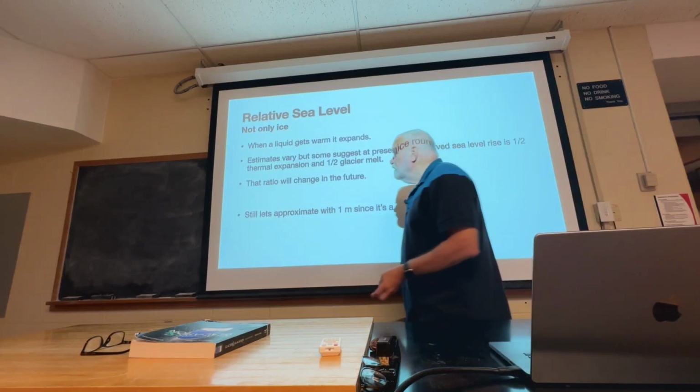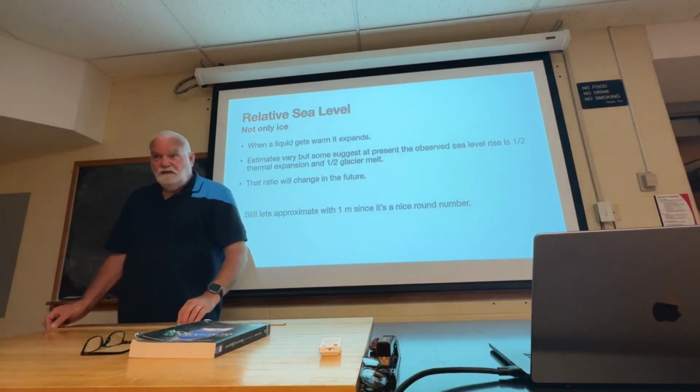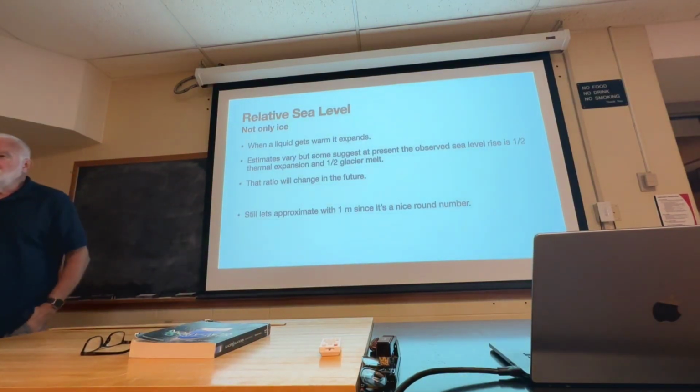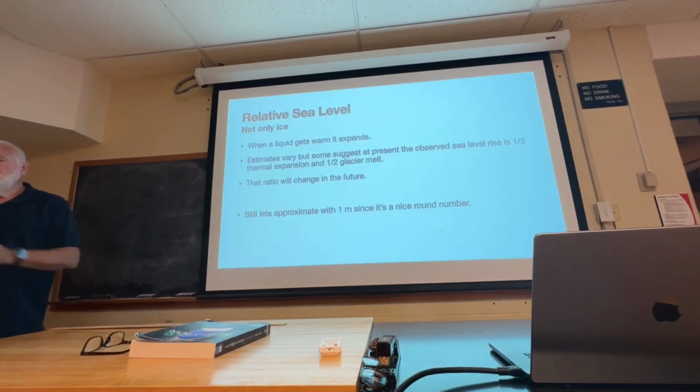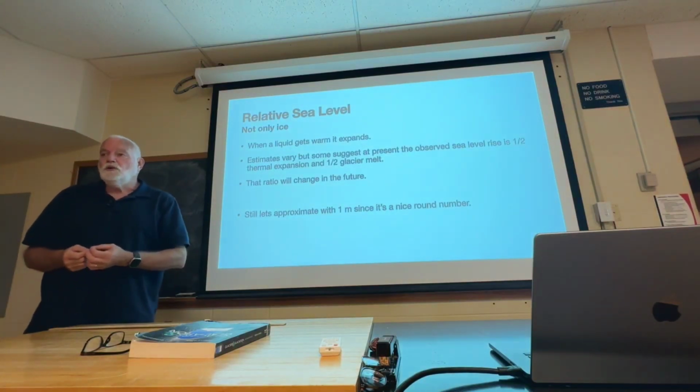The measured relative sea level is both a part of melting the ice, which we're hammering home, but there's also thermal expansion. As you warm up water, the volume it occupies expands. It just does. And when you take the volumes of the Earth's oceans, they're huge.